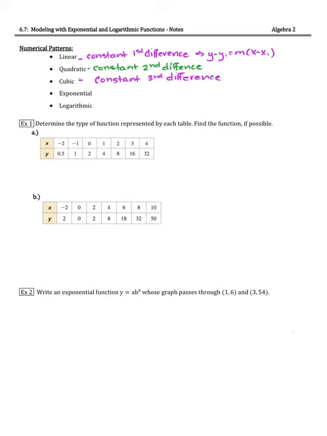Now we get to the exponential. So an exponential function, let's just take a look at how we know it has the property it has. If I was going to graph y equals 2 to the x, so if I were to plug in 0, notice 2 to the 0 would be 1, so I'd be right here at 1.